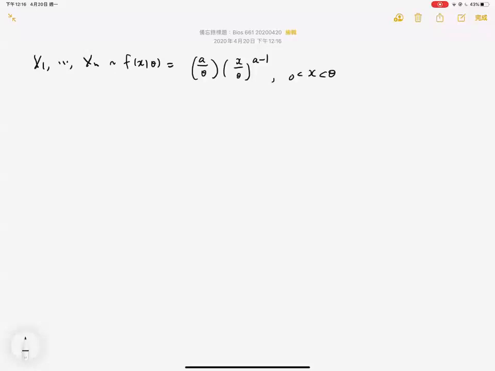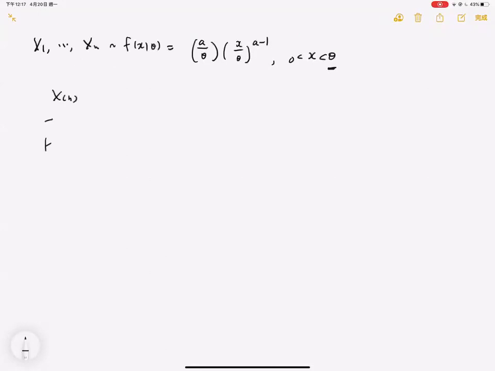So in that case, you would have an idea about what kind of statistic you are going to use. Because the range of x depends on theta, and it's the upper bound, the statistic I'm going to use is Xn.